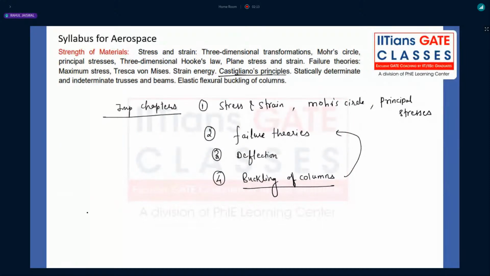Now, coming to the weightage part, if you just see GATE 2023, what all the weightage was there? On average, it varies from 10 to 14 marks.